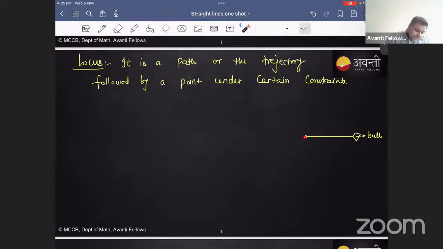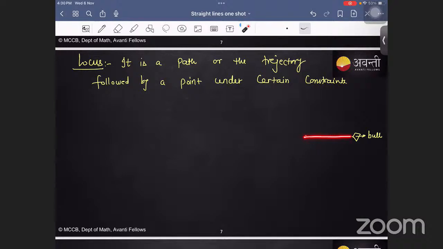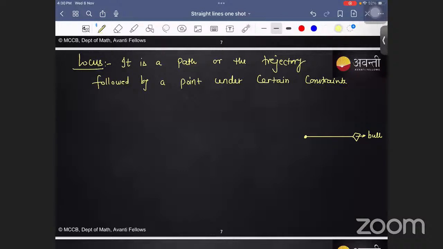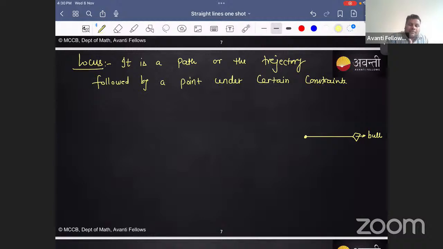This is a pole, this is a rope connected, and on the other end of the rope there is a bull. What will happen? Sir, the rope will break. Now, if this bull is walking, this rope length is fixed. If this bull is walking, what will happen? On which path will the bull move? Sir, in a straight line.